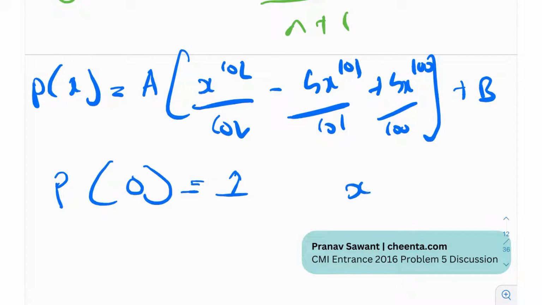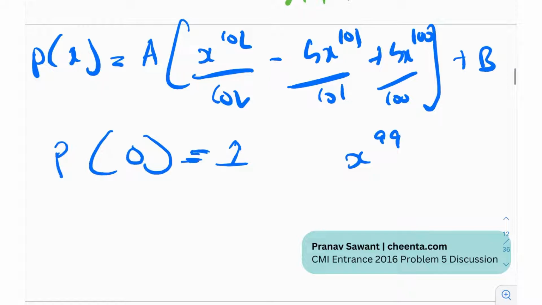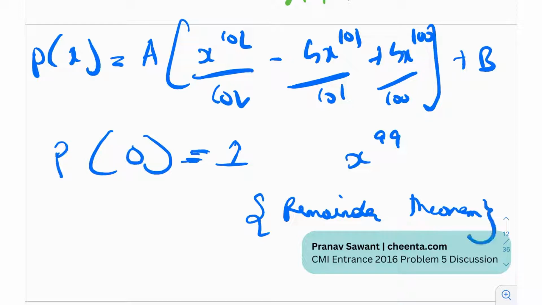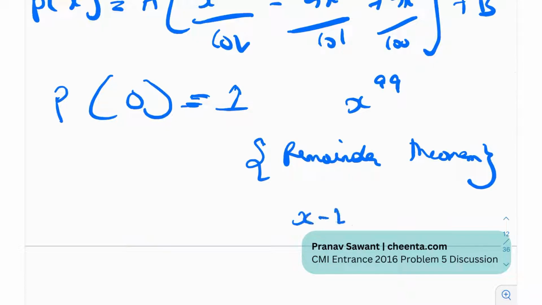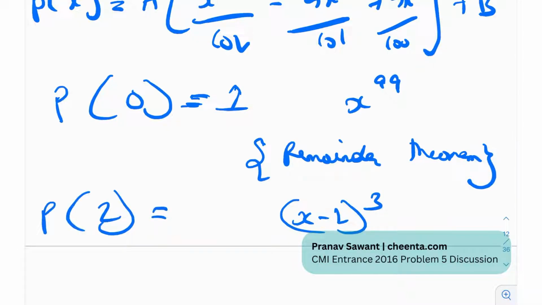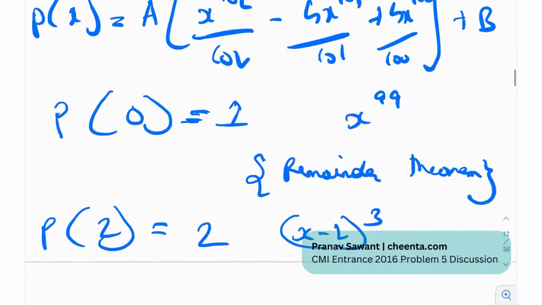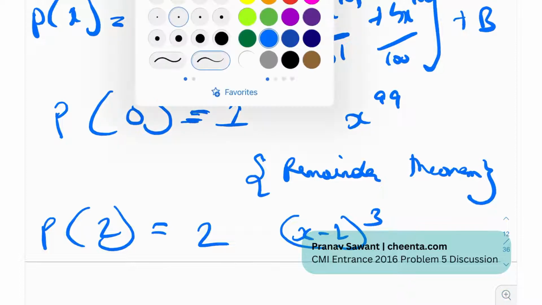Because we are dividing it by x to the power 99, and using the remainder theorem we put x equal to 0. This is a little bit of the remainder theorem, which you might have looked at earlier. You divide by x to the power 100, the remainder is 1, and you divide it by (x minus 2) whole cube. So you put p of 2 and you get the remainder as 2. So now you have the value of p of 0 and p of 2, and that should be enough to find a and b.